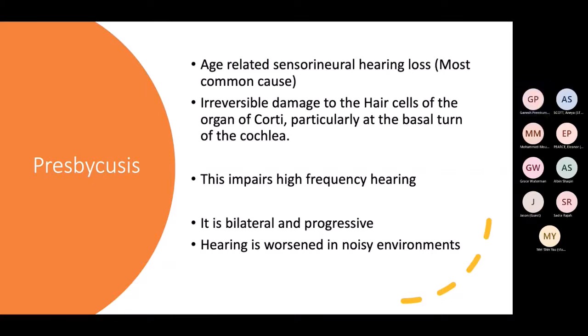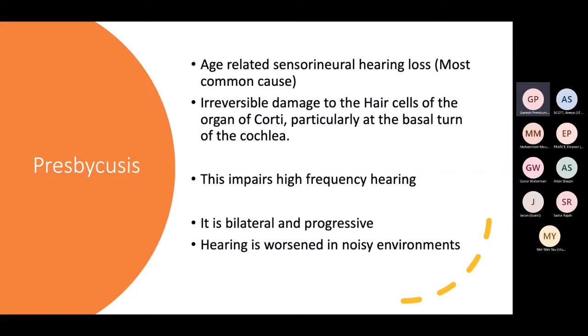And a really common thing they'll quiz you on is, in sensorineural hearing loss, hearing is worsened in noisy environments. You've got some impediment to the translation of sound, whether it be in the nerve or the hair follicles.